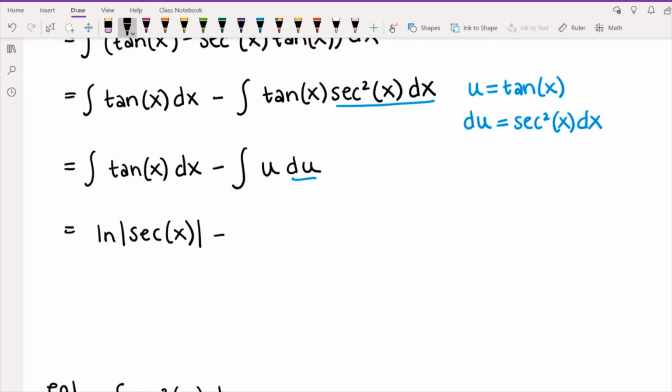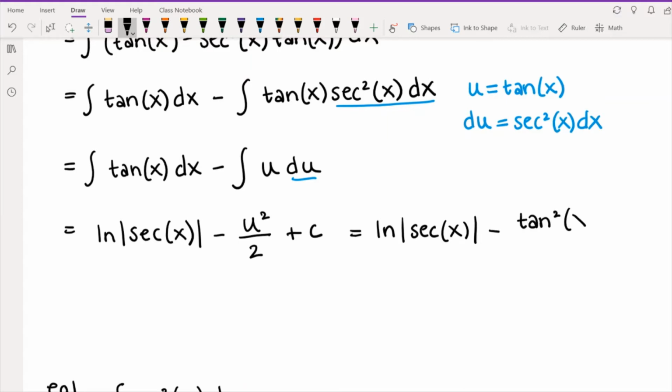And then what's the antiderivative here? Well, that would be u squared over 2 plus c. And then the last thing we have to do is put back in what u was, right? So we have ln of absolute value of secant of x minus tangent squared of x over 2 plus c.